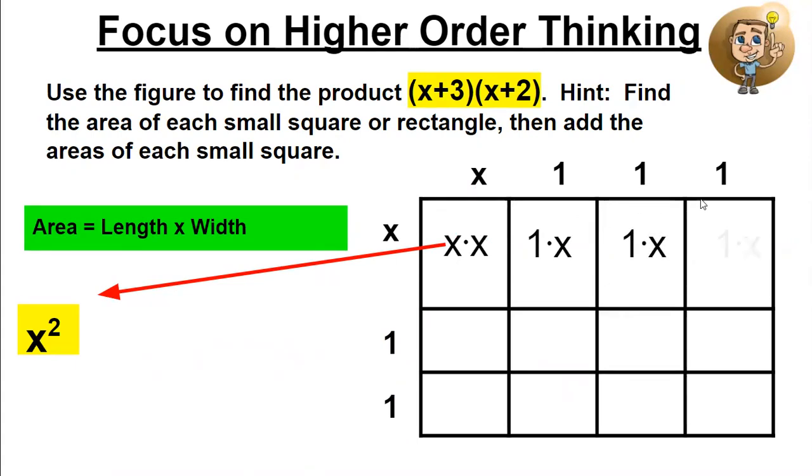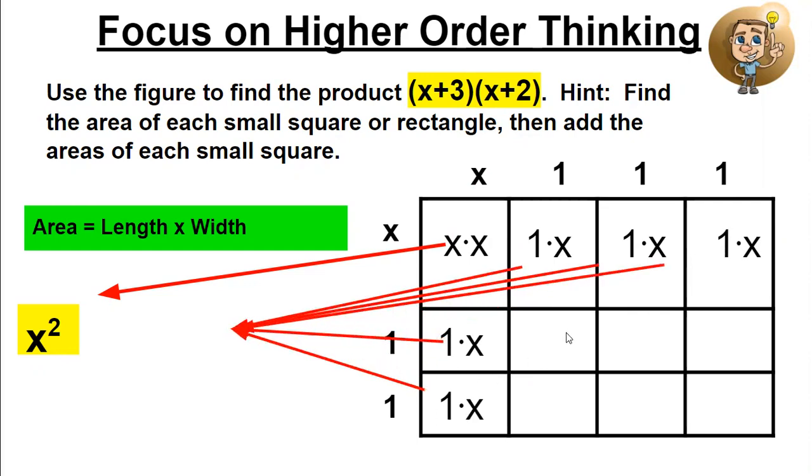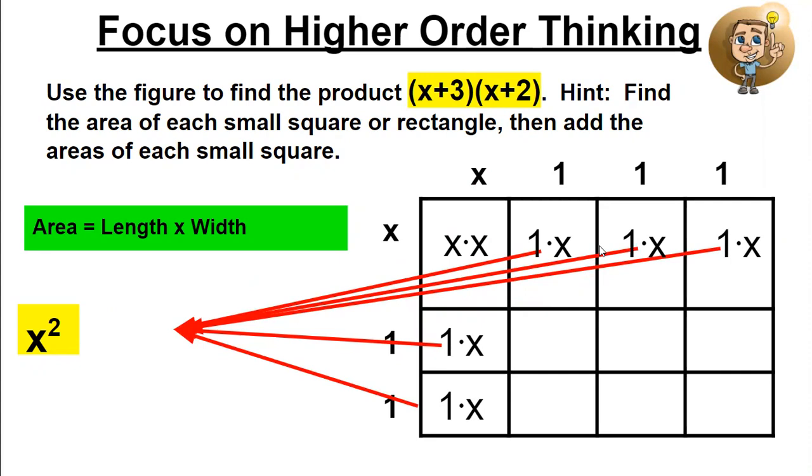This one will be 1 times the x. This one here is also 1 times x. This one here is 1 times x. So all those 1x's get added together. 1, 2, 3, 4, 5 1x's. So plus 5x's.